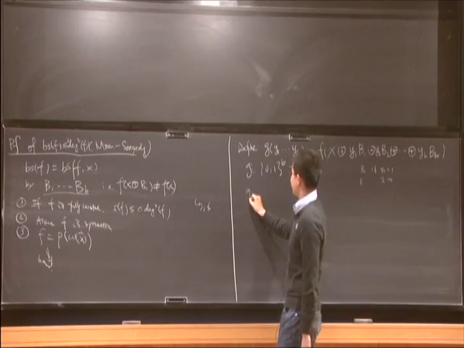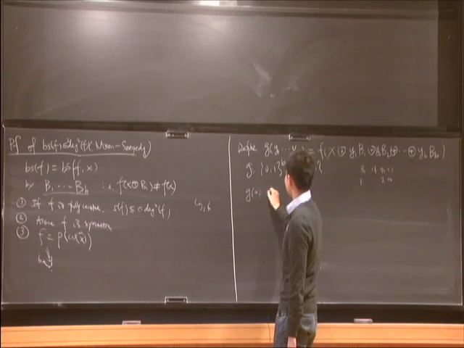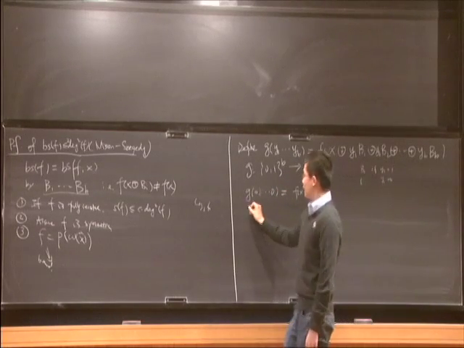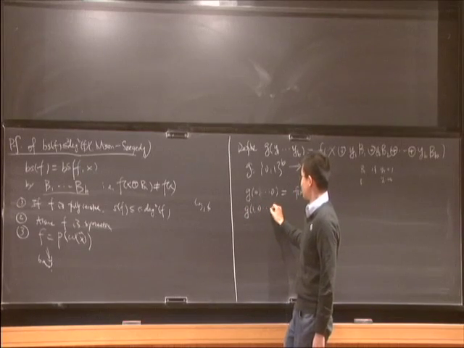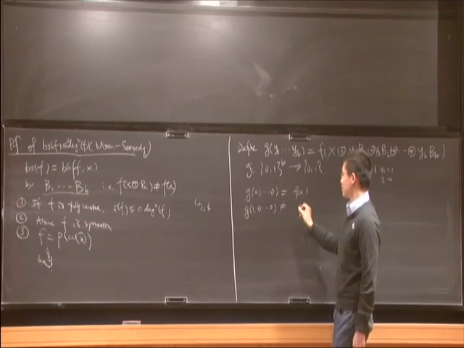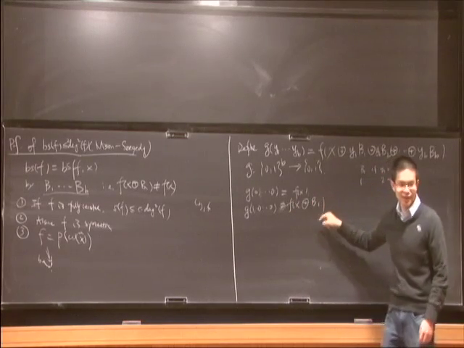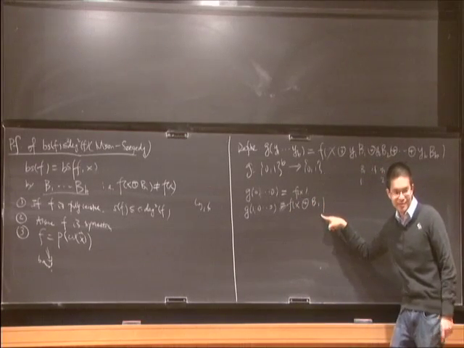Now we can see, for example, g of 0, the all-0 vector, gives you f of s, right? And g of 1, if you take the others to be 0, is equal to f of s plus b1. Okay, now this definition is clear.